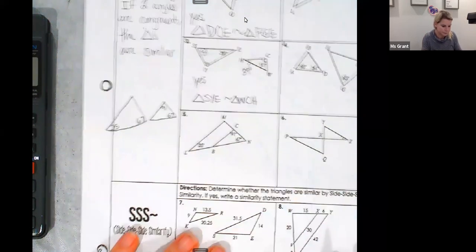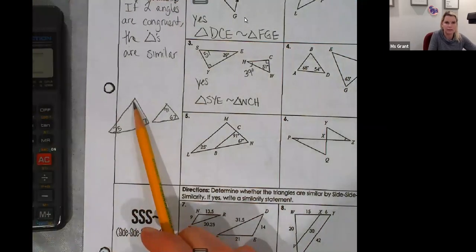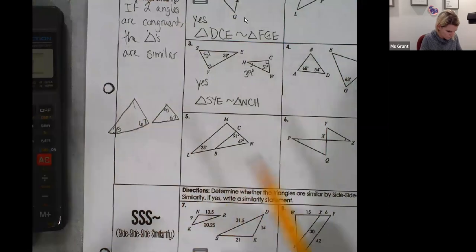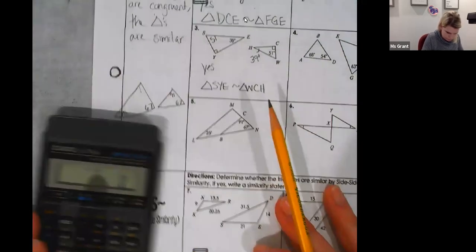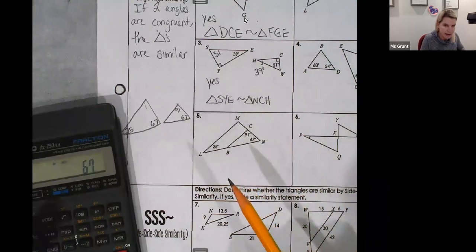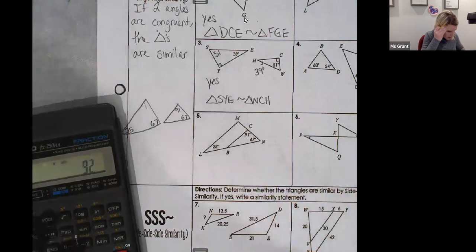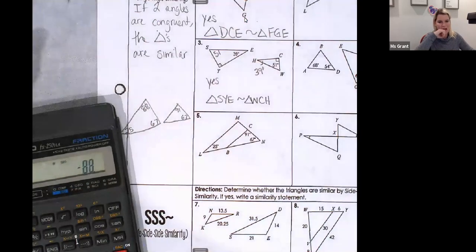Okay, well, here's the deal. If these are my two triangles, that means I really need this one to be 91. But 67 plus 25 is 92 minus 180. This missing angle is 88. That's not the same as 91.